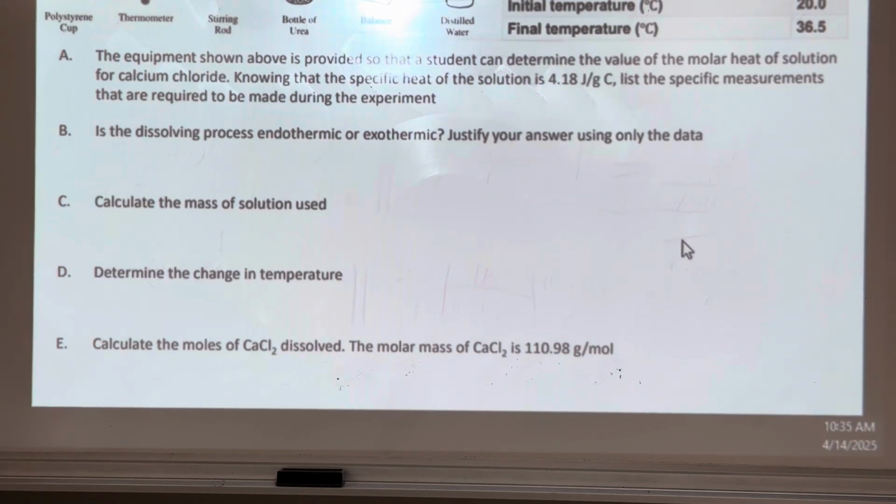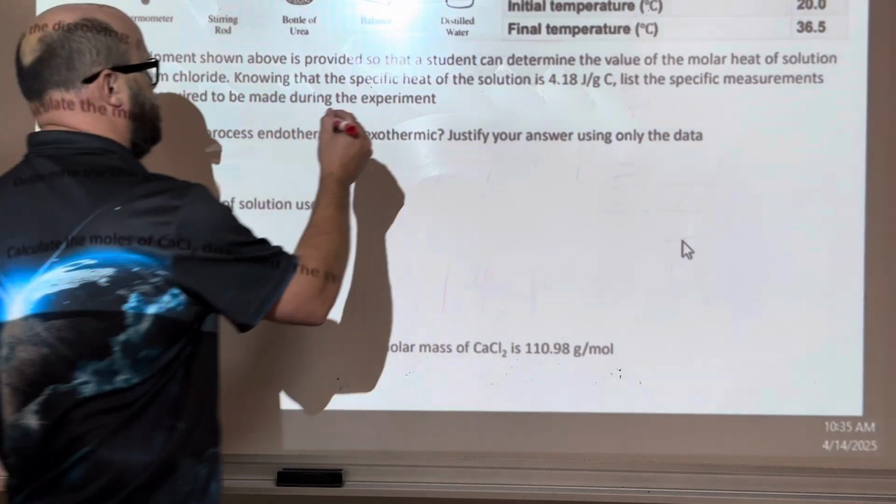This is just asking some basic questions. It says the equipment above is shown, it's provided so a student can determine the molar heat of solution for calcium chloride. Knowing the specific heat of the solution is 4.18, list the specific measurements that are required to be made during this experiment. So we've got to have initial temperature, final temperature.